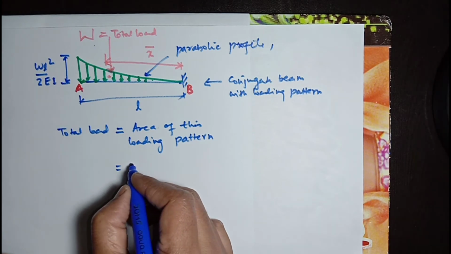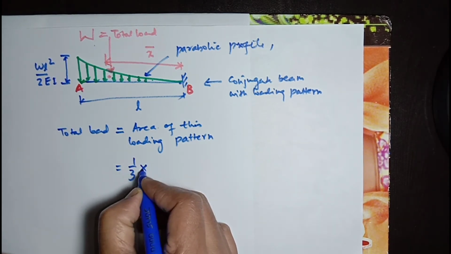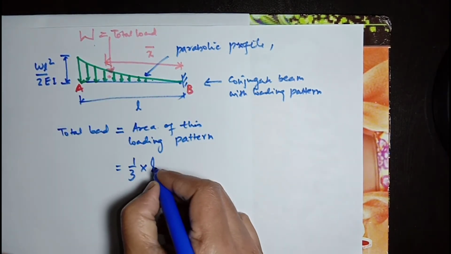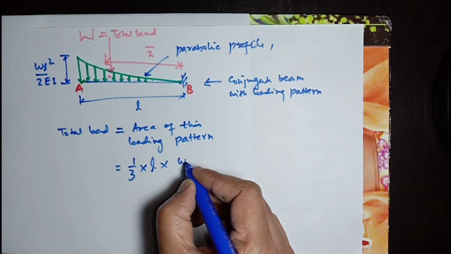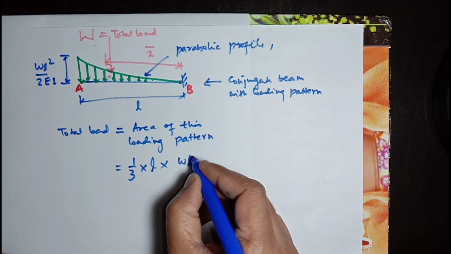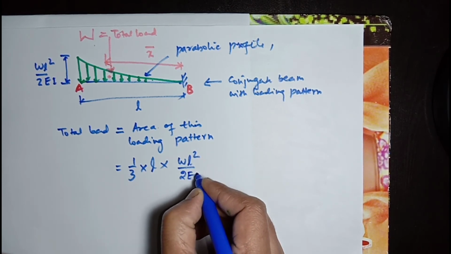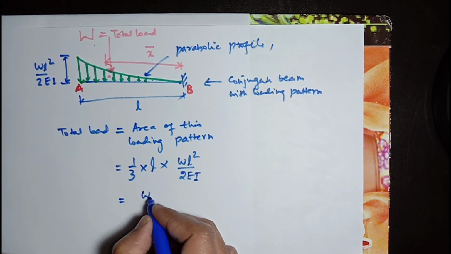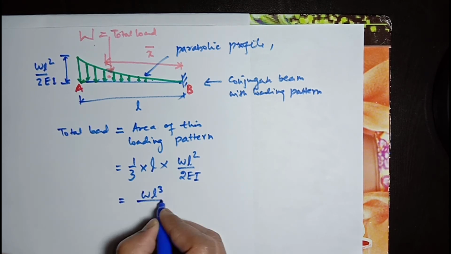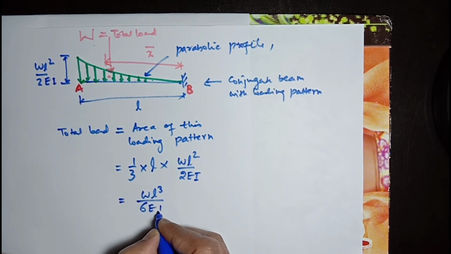So total load will be 1/3 multiplying with this base L multiplying with this height, which gives the total area of this loading pattern, WL square divided by twice EI. It will be WL to the power cube divided by 6 EI.